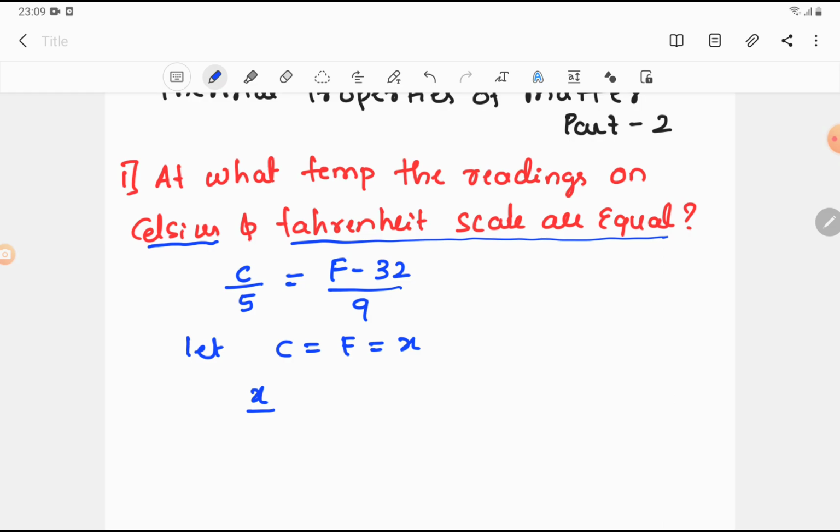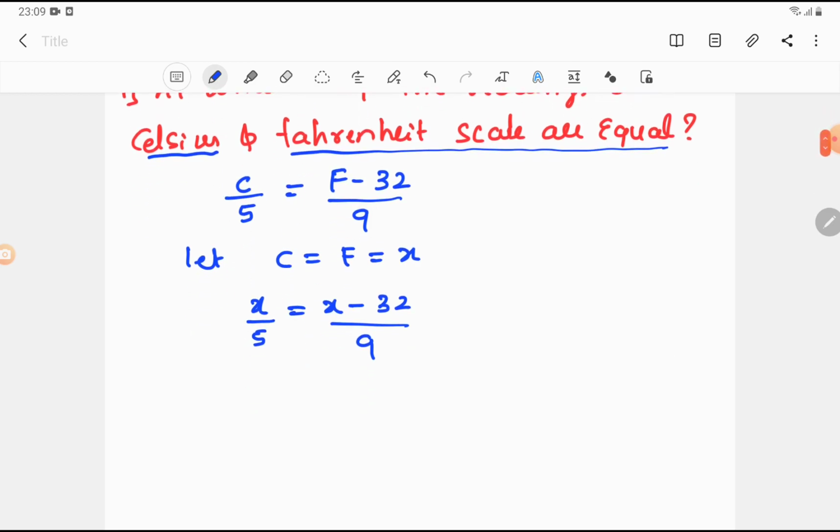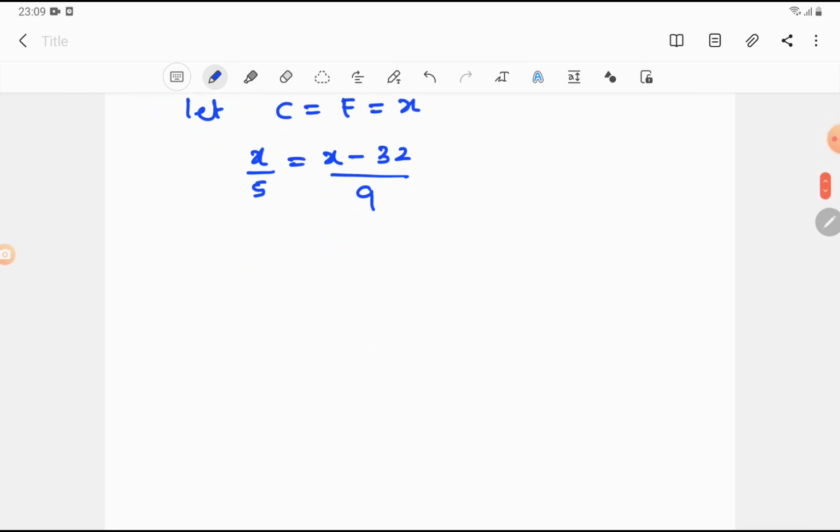So x by 5 is equal to x minus 32 by 9. Cross multiply, 9x is equal to 5 into x minus 32, and 9x is equal to 5x minus 32 into 5.